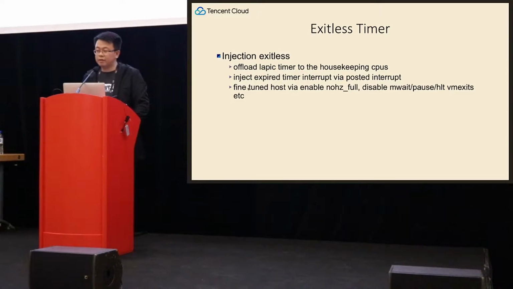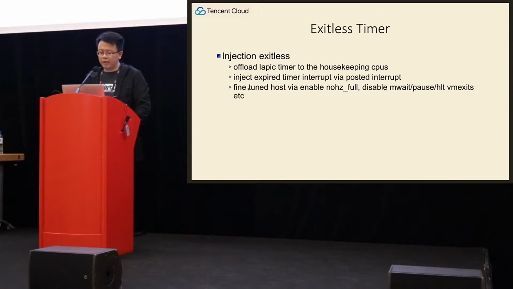We utilize the housekeeping subsystem to cooperate with the KVM subsystem to offload the local APIC timer emulation to the housekeeping CPUs. After we enable the housekeeping subsystem, the CPUs are separated into housekeeping CPUs and non-housekeeping CPUs.